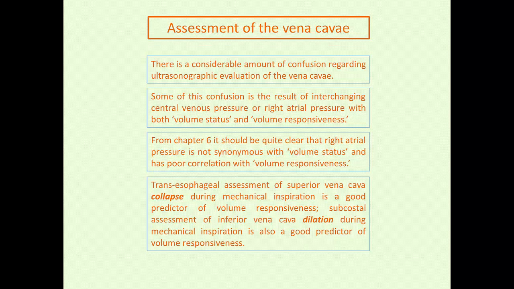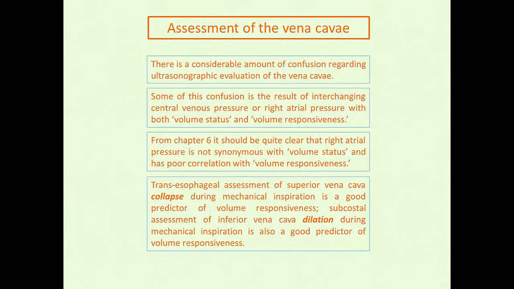Transesophageal assessment of superior vena cava collapse during mechanical inspiration is a good predictor of volume responsiveness, whereas subcostal assessment of inferior vena cava dilation during mechanical inspiration is also a good predictor of volume responsiveness.